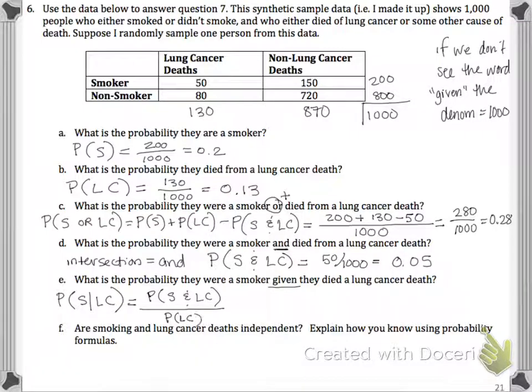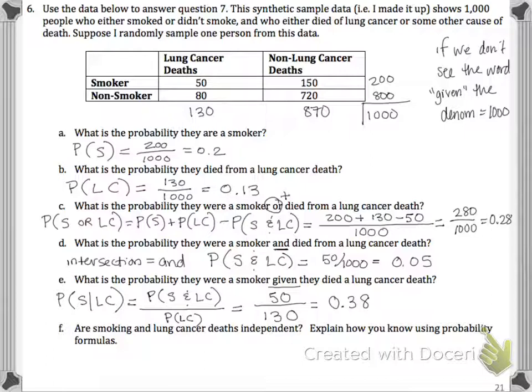And in this case, that was given they actually died from lung cancer. So, again, super morbid problem, right? But the total number of people who died from lung cancer is my denominator. That's 130. And the numerator are those smokers who also died from lung cancer, which are the 50 people we just identified in the previous problem. And if you put this in your calculator, it reduces to 0.38.